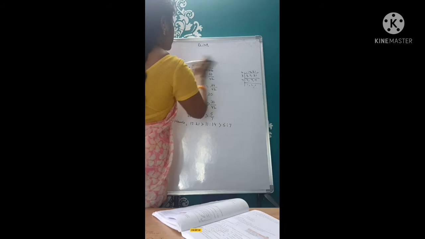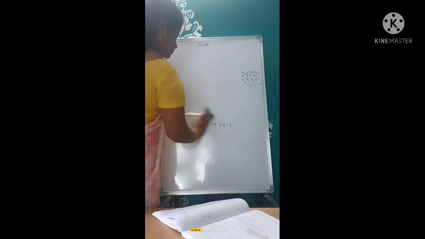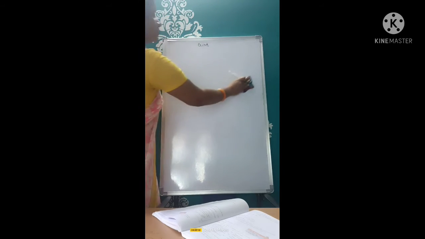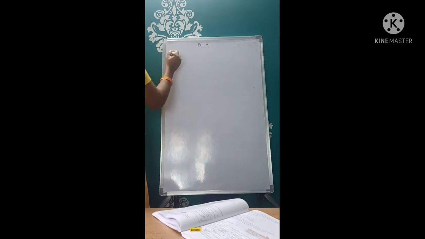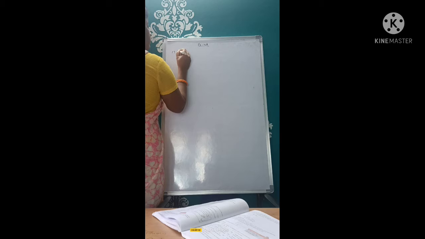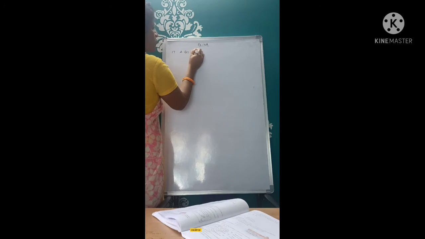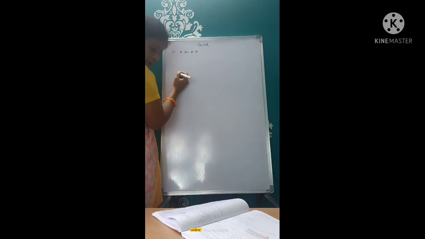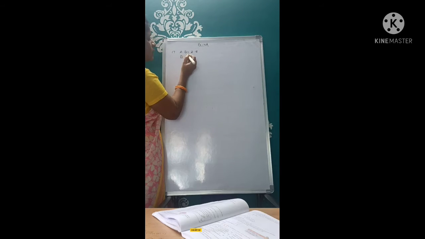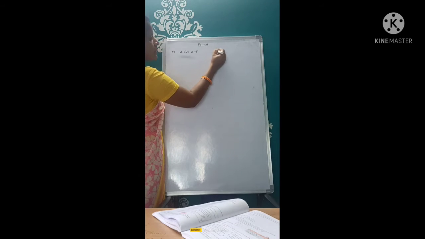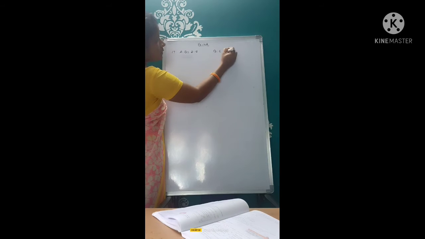Okay. Now do the second one yourself. Question number 17. Solve the following. If the given is A is to B equals 2:5, B is to C equals 3:7.